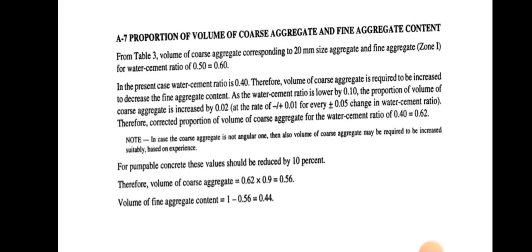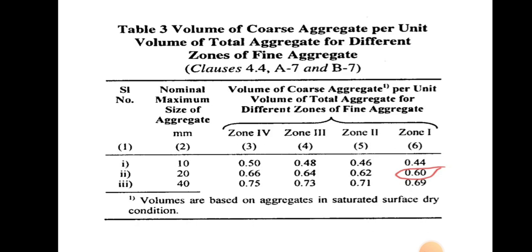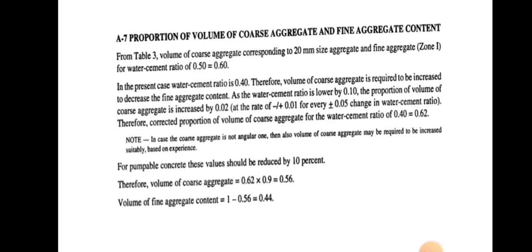Proportion of volume of coarse aggregate and fine aggregate content. From table 3, volume of coarse aggregate corresponding to 20 mm size aggregate and fine aggregate zone 1 for water cement ratio of 0.5 is equal to 0.6. In the present case, water cement ratio is 0.4.